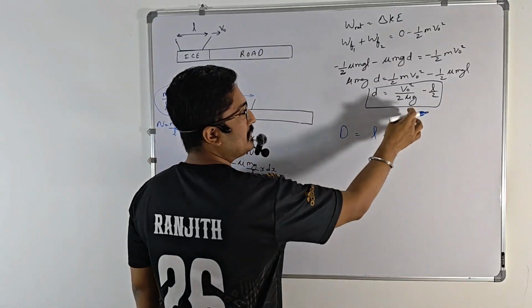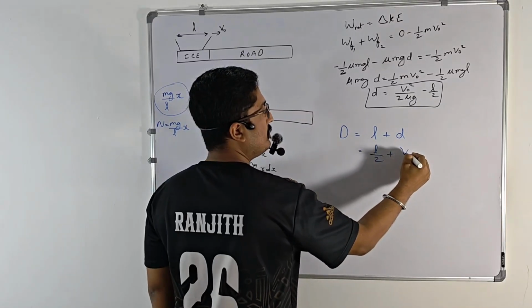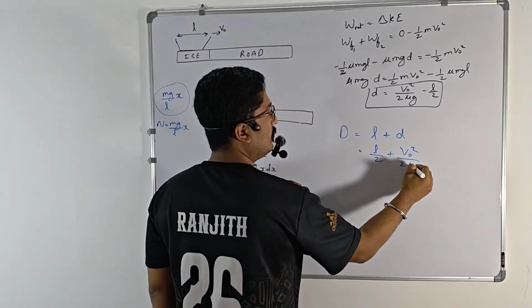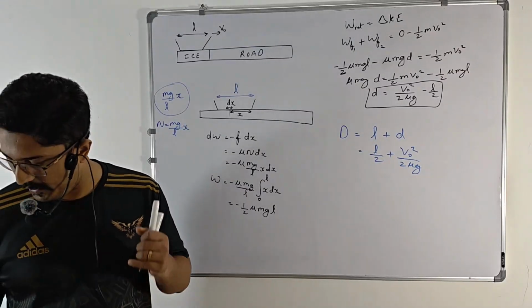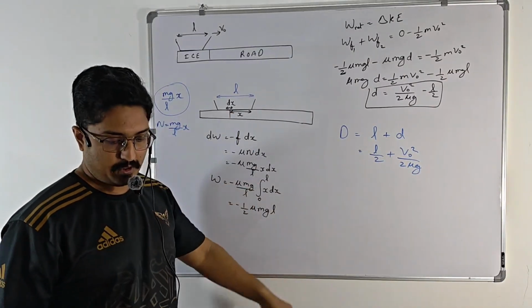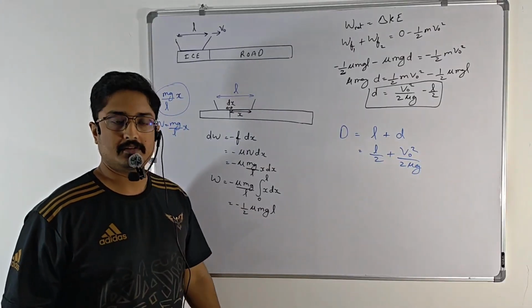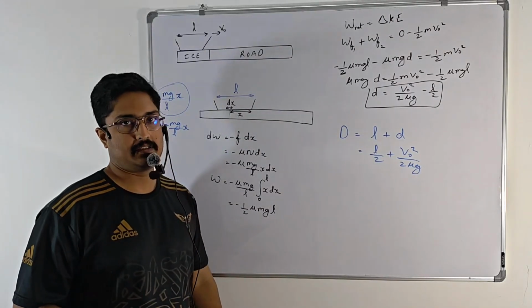So if I add this L plus d, it will basically become L by 2 plus v naught square by 2 mu g. And what is the last option they are saying? The total distance moved by the sledge before stopping is v naught square by 2 mu g plus L by 2. Yes. So based on this, we'll understand that all the three options that they have given is correct.